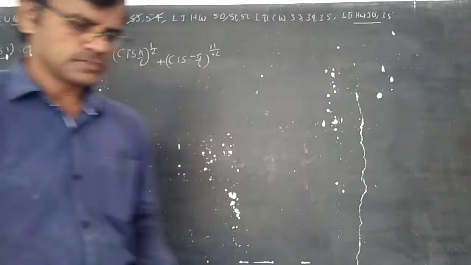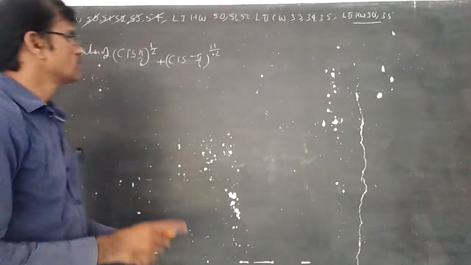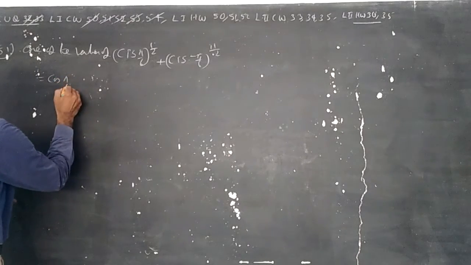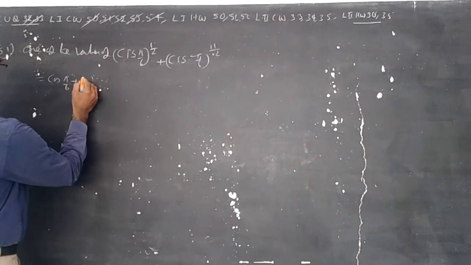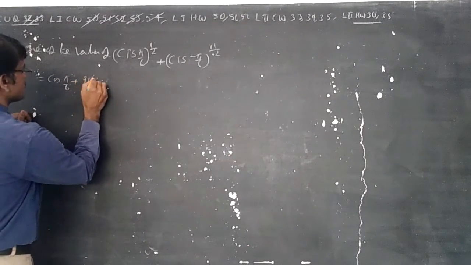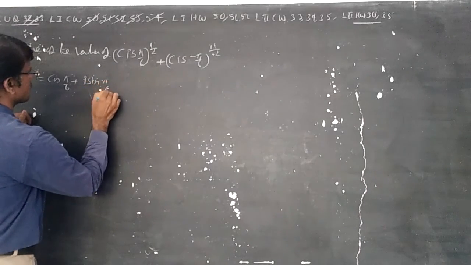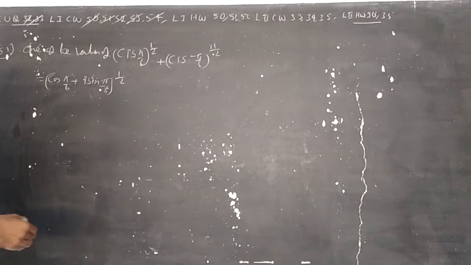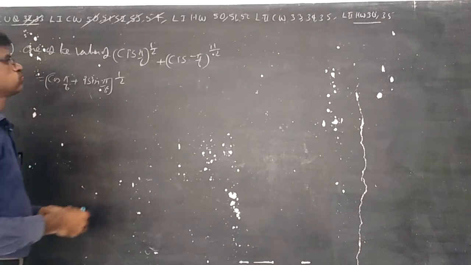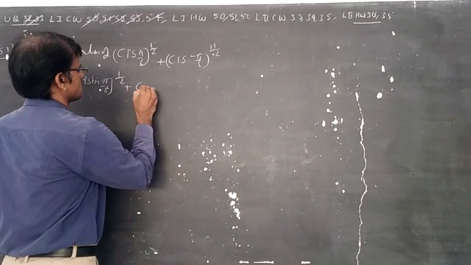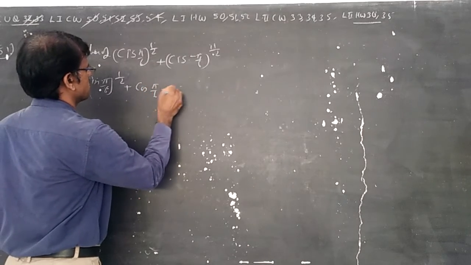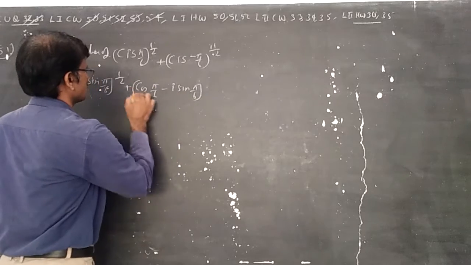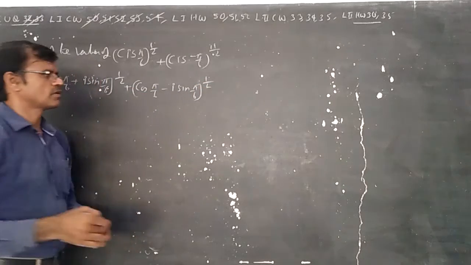That is equal to (cos pi by 6 plus i sin pi by 6) whole power 1 by 2 plus (cos pi by 6 minus i sin pi by 6) whole power 1 by 2.